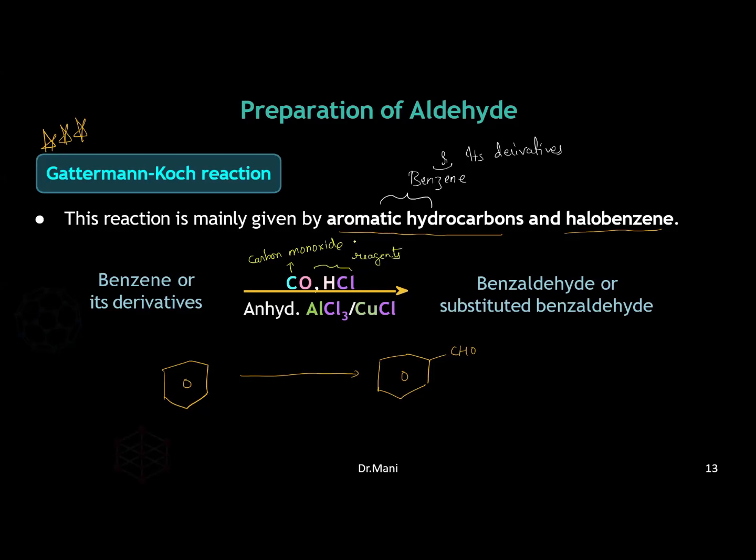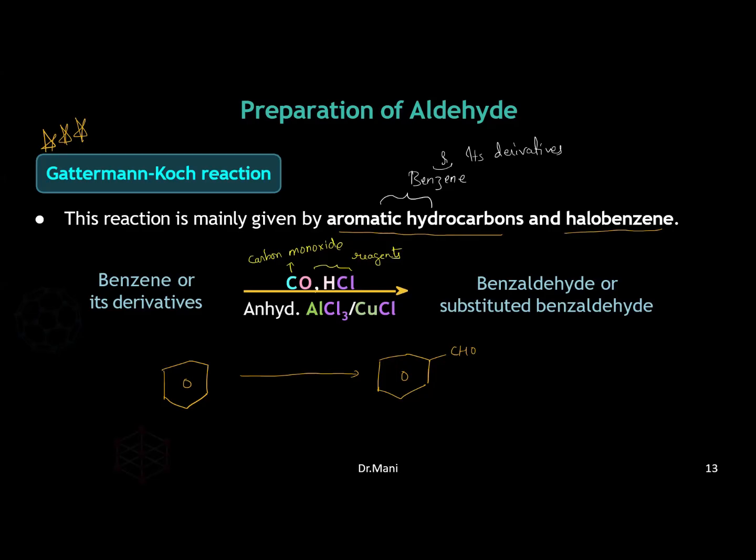And we are using the catalyst. Here the catalyst is anhydrous aluminum chloride. Sometimes we can also use the copper chloride, or you can say the copper 1 chloride. And that will be giving the products, which is the benzaldehyde or sometimes substituted benzaldehyde. If you take here substituted benzene, it will give substituted benzaldehyde, which is also an aromatic compound. Understood? So the aromatic compound that will convert into the benzaldehyde, it's nothing but the Gattermann-Koch reaction. Any doubts?